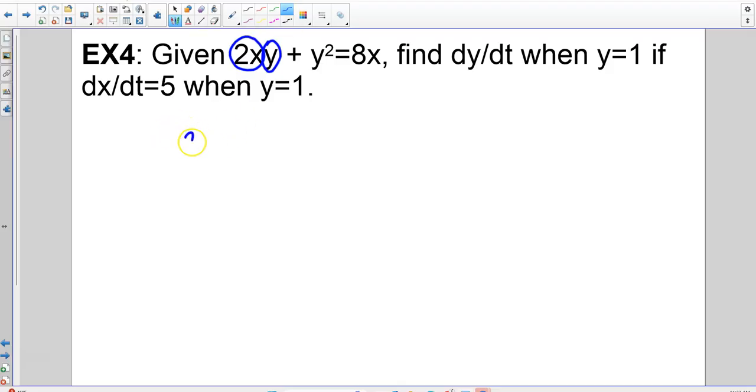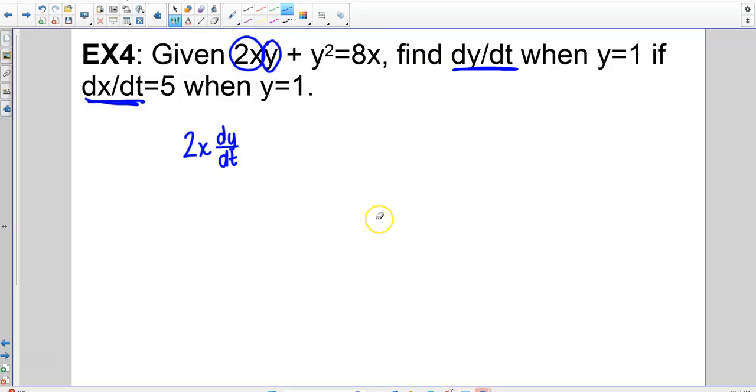So I've got 2x times the derivative of y, which is dy dt. Remember, we're doing a related rate problem here because I see a dy dt and a dx dt over here, not a dy dx. It's sometimes easy to get these mixed up with dy dx problems, right? But the question's not asking about or giving anything about dy dx.